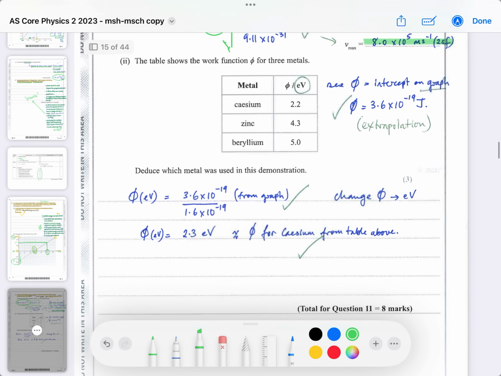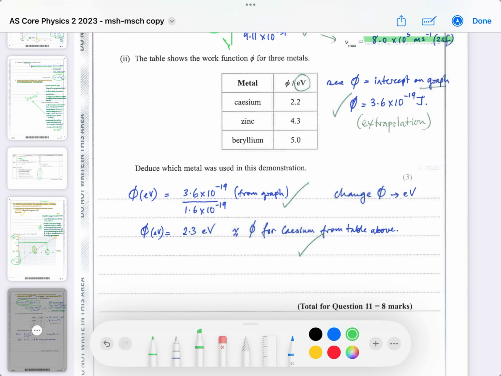It then gives you, for the final part of this question, and I think I'm going to take a pause after that, the table shows the work function for 3 metals, cesium, zinc, and beryllium. And this time they're given not in joules, but in electron volts. Now, I've shown you that the intercept on the graph is the work function, phi.